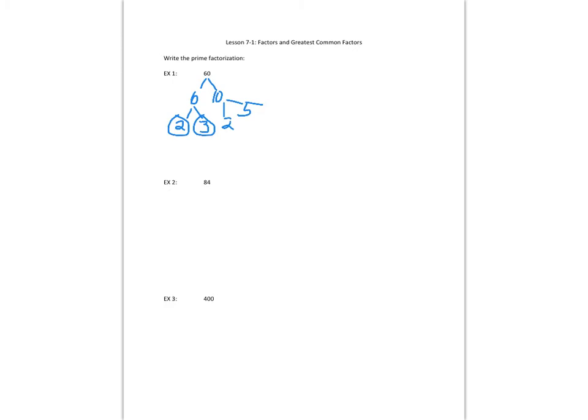I could also have 1 squared times 2 squared times 3 times 5. This also has the same value of 60, because 1 squared is 1, and this 1 has no effect on the value of 2 squared times 3 times 5. Both of these give the same value of 60 when remultiplied. I could do 1 cubed times 2 squared times 3 times 5, and I could go on and on forever.